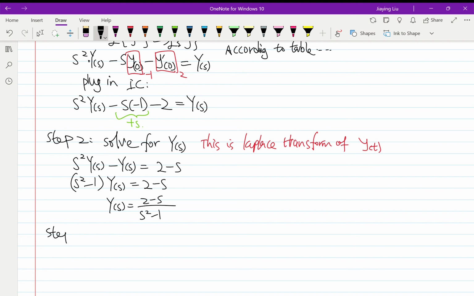So step 3, we need to use inverse Laplace transform. So find y of t using inverse Laplace transform, because y of t equals inverse Laplace transform of capital Y of s.